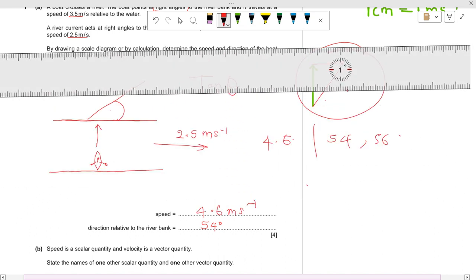If you are not drawing the diagram, you can use the calculation. Before we move to tan theta, let's draw the triangle. In this direction is the river current, 2.5, and here it's 3.5.